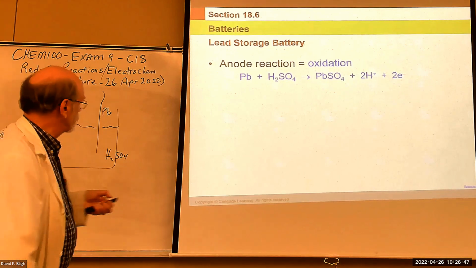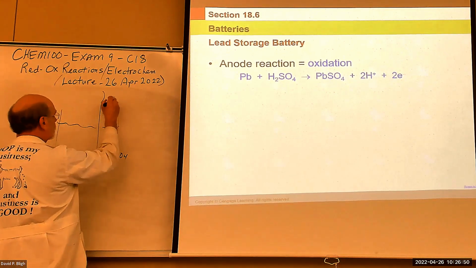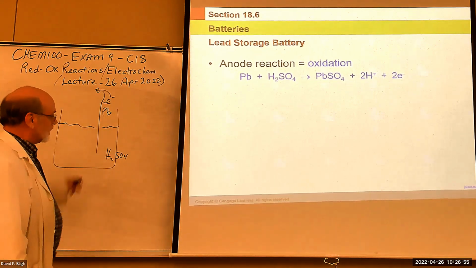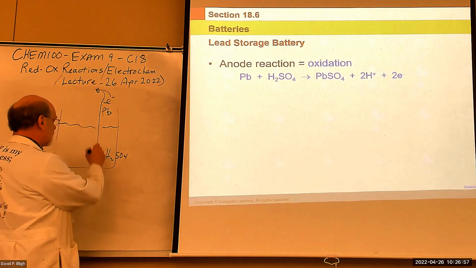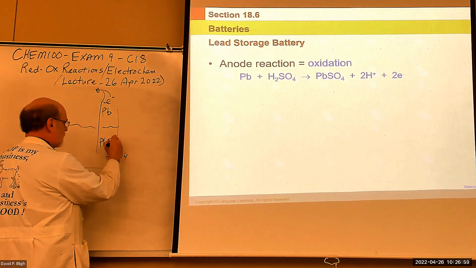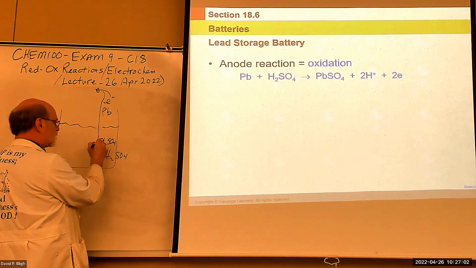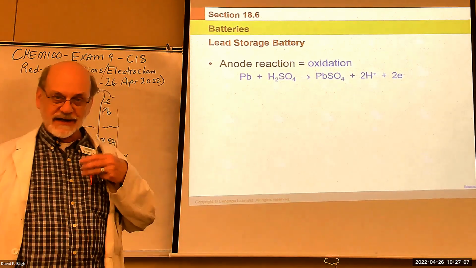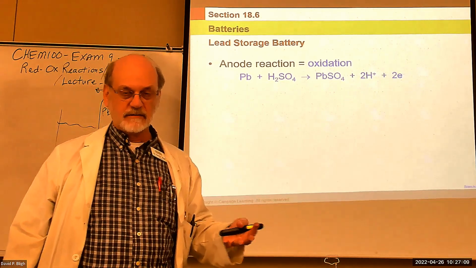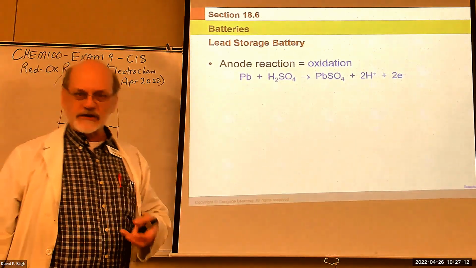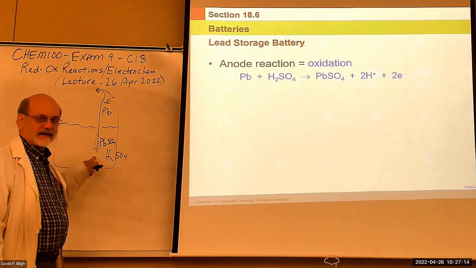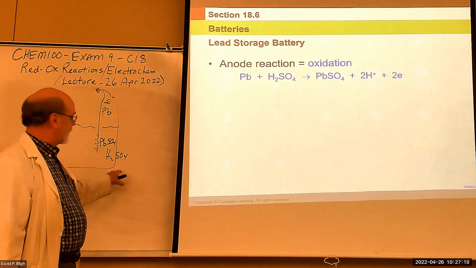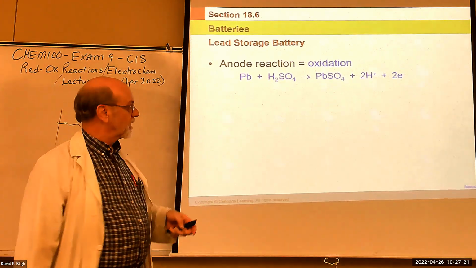It loses electrons, so that means the electrons are flowing out. As it loses electrons, it becomes lead 2 sulfate deposited on the surface of that plate, because lead 2 sulfate is not soluble, even in strong acid. So it's deposited on the surface of the plate as it reacts and picks up sulfate from the sulfuric acid.